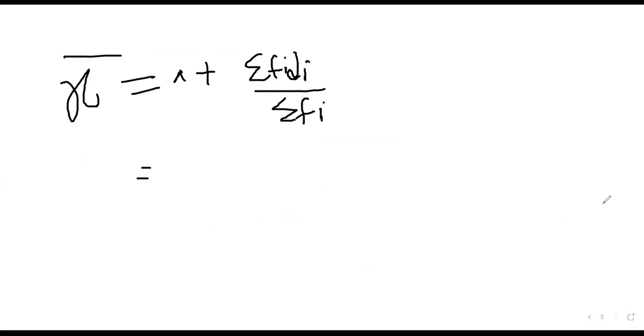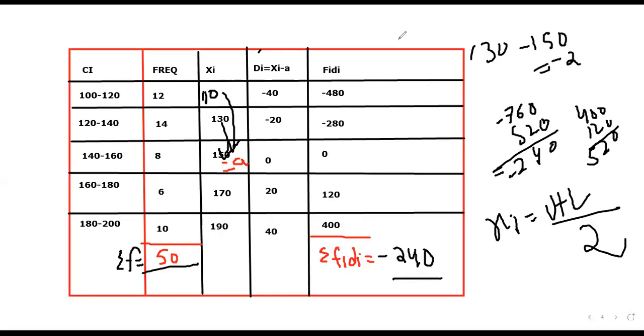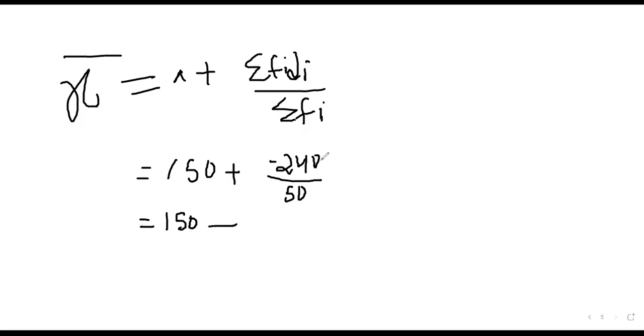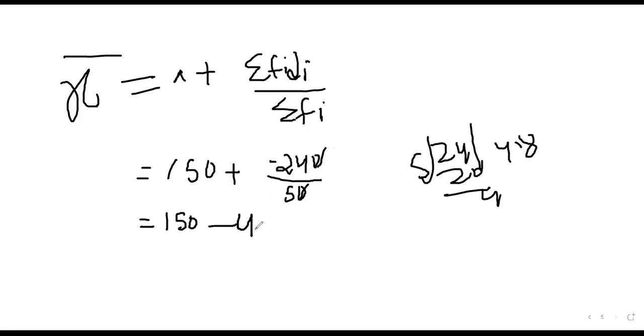Here the a value we have taken is 150. So 150 plus minus 240 by 50, that is 150 minus 24 by 5, which is 4.8.